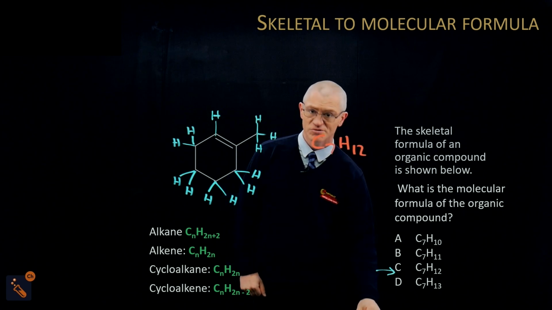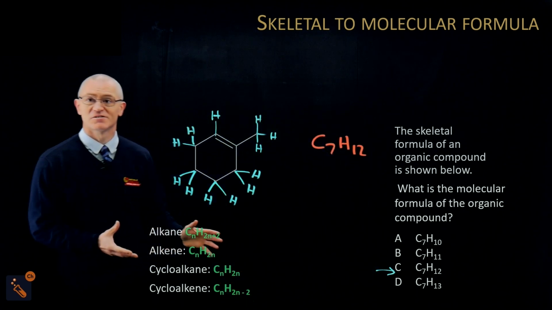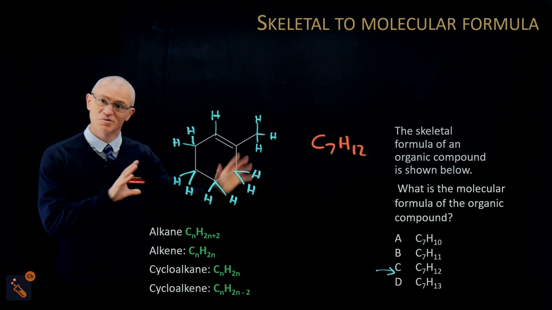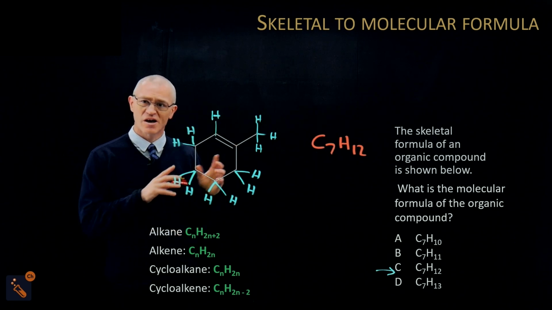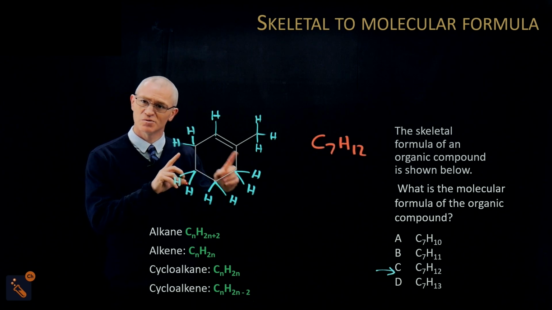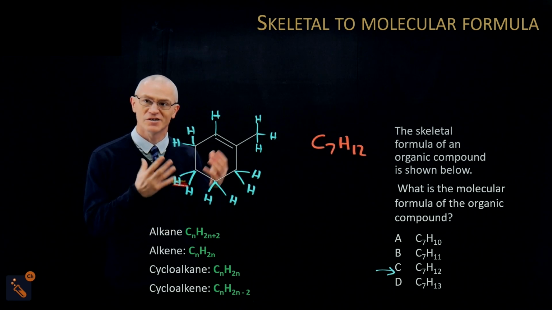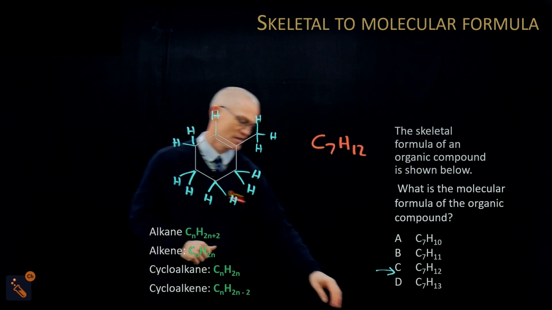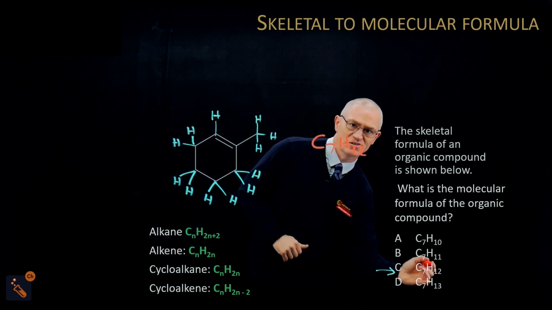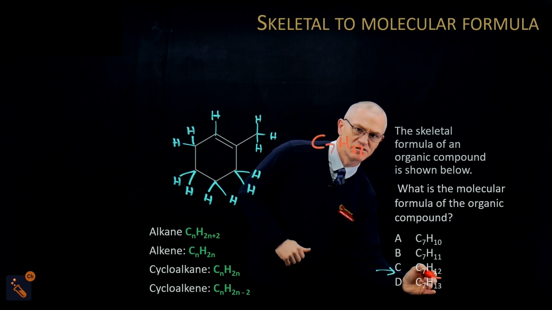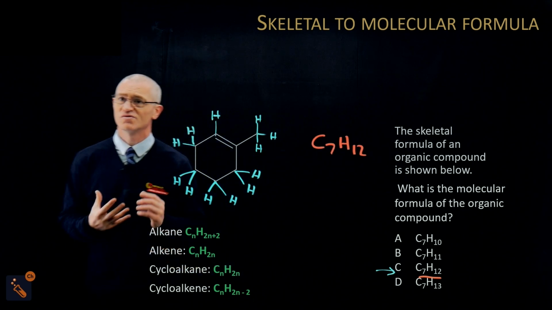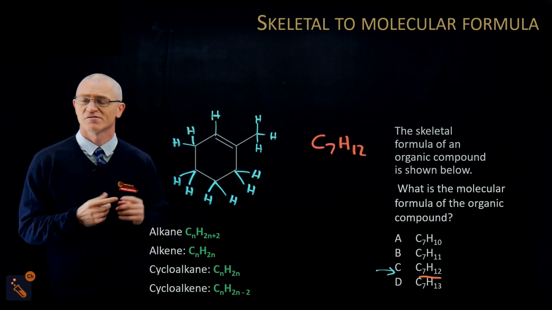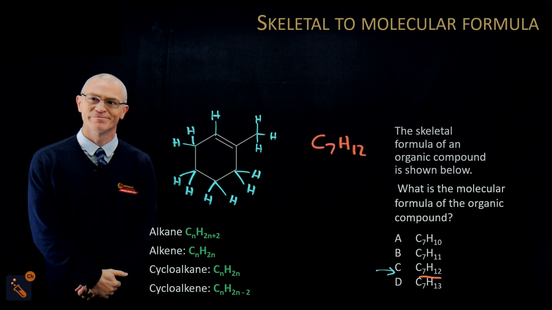So without actually doing all of this, which took a little bit of time, if you've got a simple one like this, I know this only works if you've got, for example, only one simple double bond like that. If you have multiple, I'm afraid you're just going to have to count. And then we can get to this answer here, which is C7H12, and we can do that really quickly versus doing the slightly slower method.